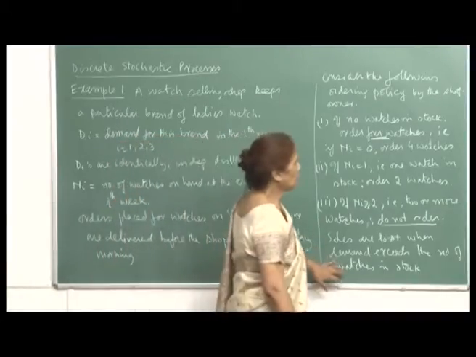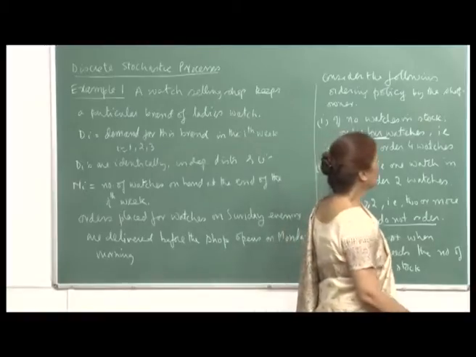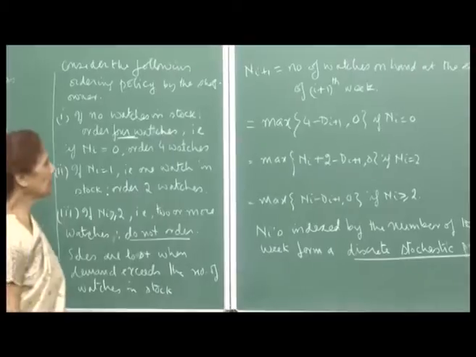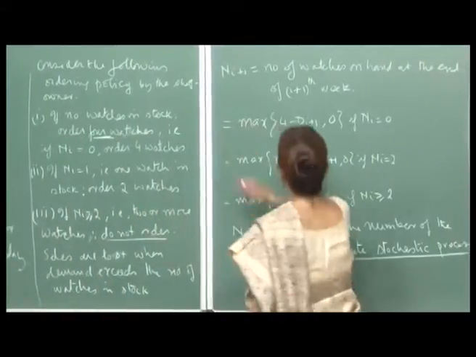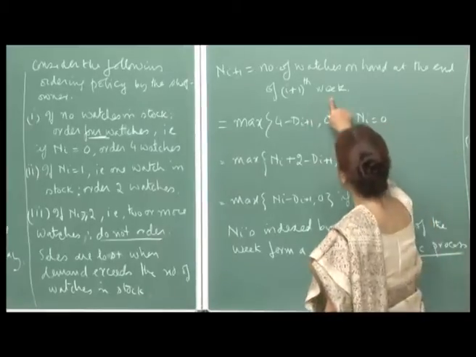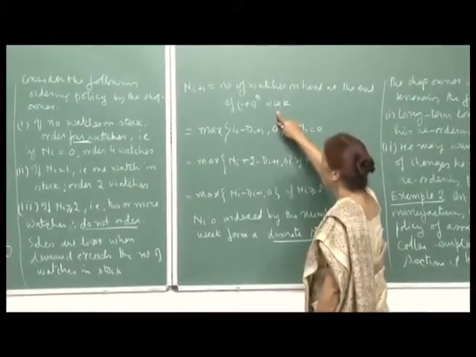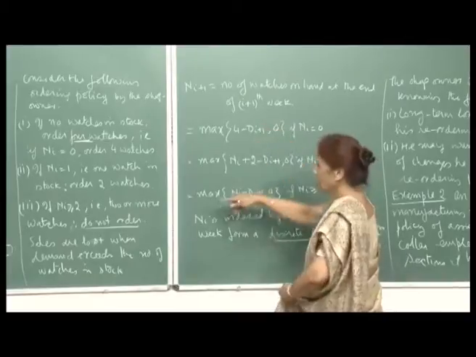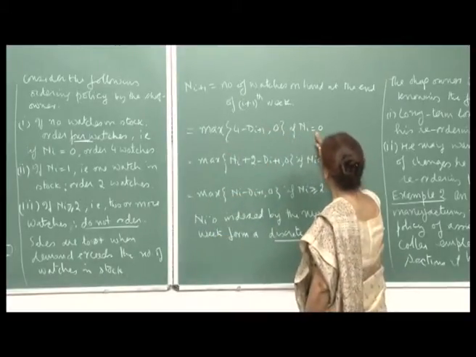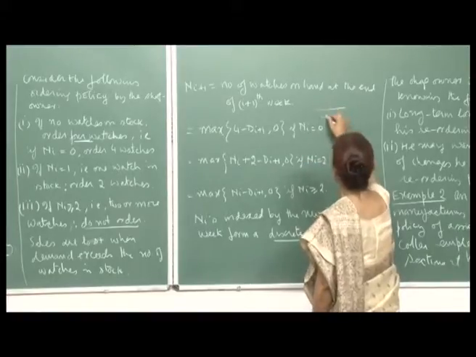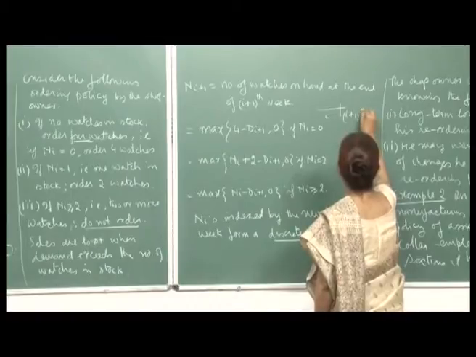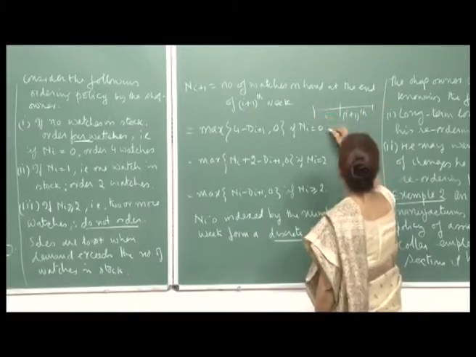So, fine. Now let us look at what would be the position in the following week. Ni plus 1 will denote the number of watches on hand at the end of the (i+1)th week. And how will you compute Ni plus 1 given Ni? If Ni is 0, this is your ith week and this is your (i+1)th week.